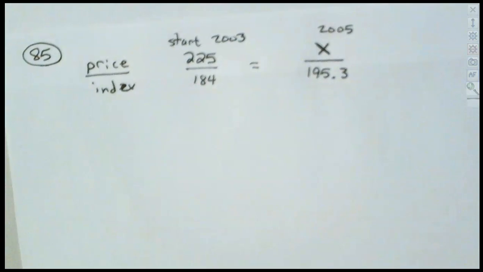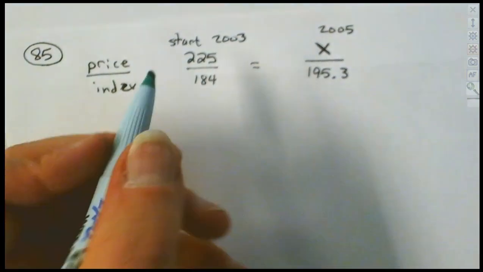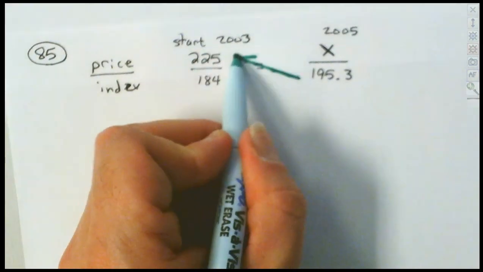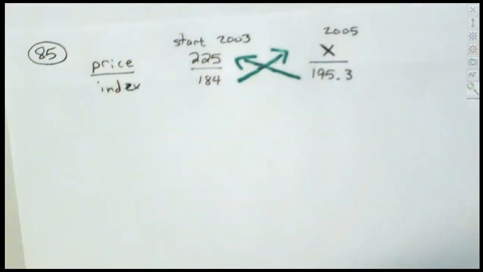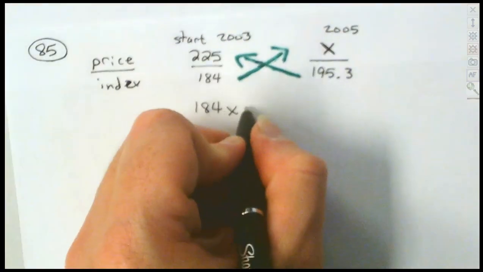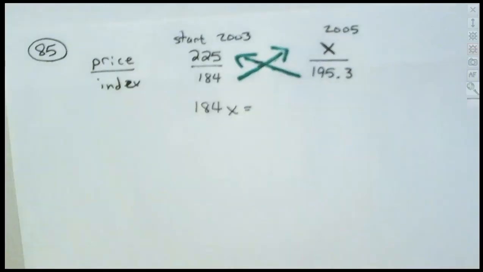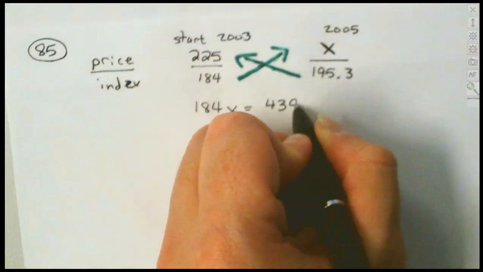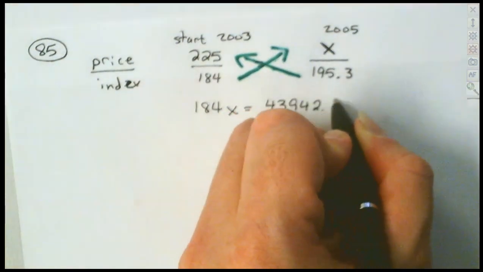We'll be able to find out the price of that electric bill, and it says to round it to the nearest dollar. So we cross multiply, and that gives us 184x. We'll use our calculator for the other side. 225 times 195.3 gives you 43942.5.